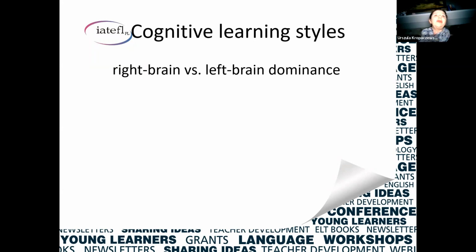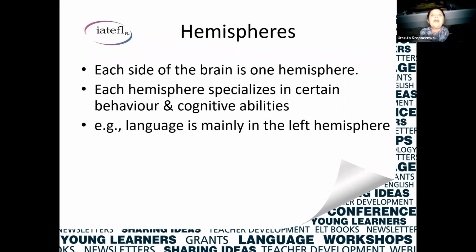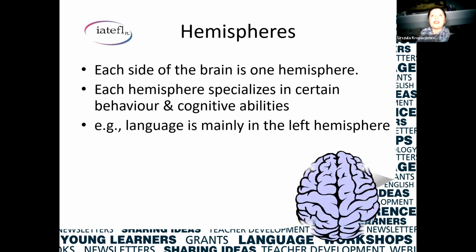And now right brain and left brain dominance. Okay, you know that everybody has a brain, but each side of the brain is a hemisphere, and each hemisphere is responsible for different features.